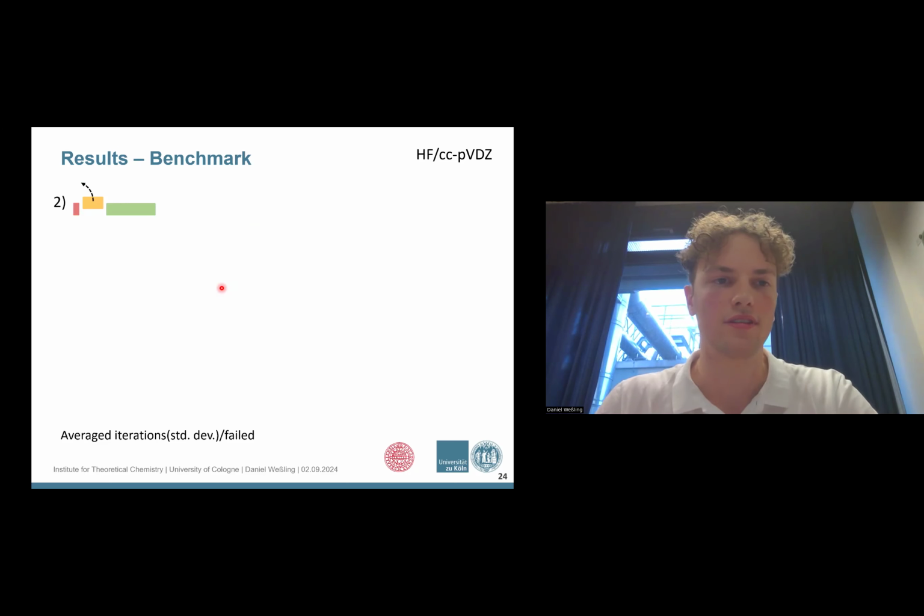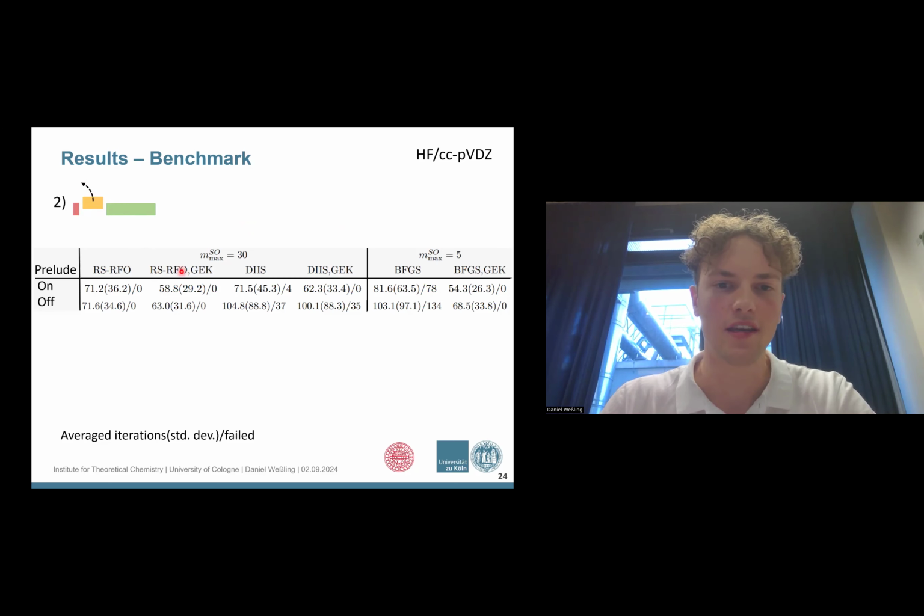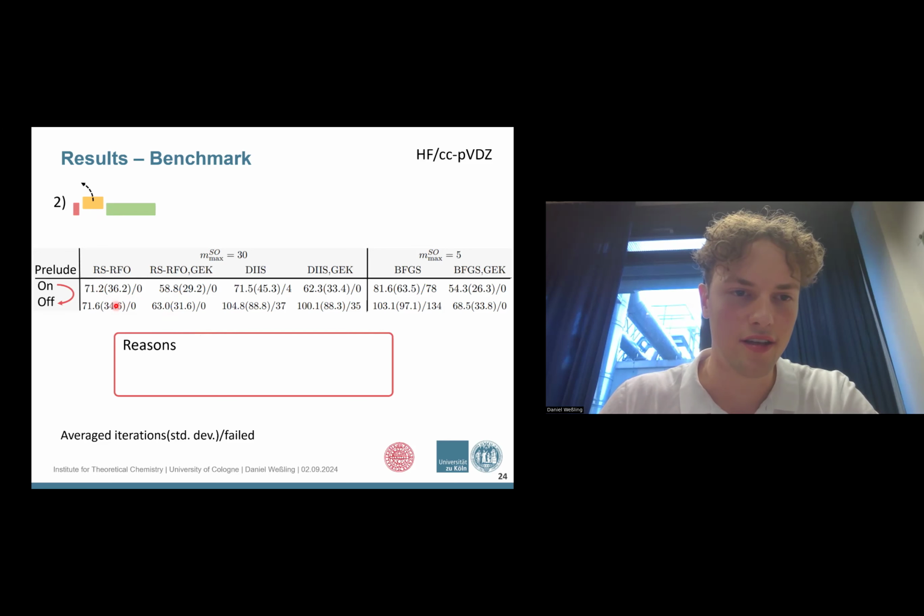All right, so the second task was getting rid of the prelude. And here I just want to show you briefly that it didn't really work out. So we just started off here with the second order method with Kriging from the beginning. And you can see here that in all cases we got a worse result.